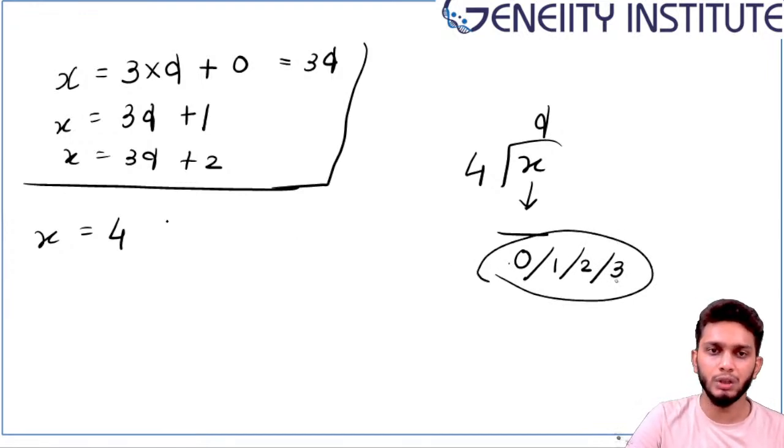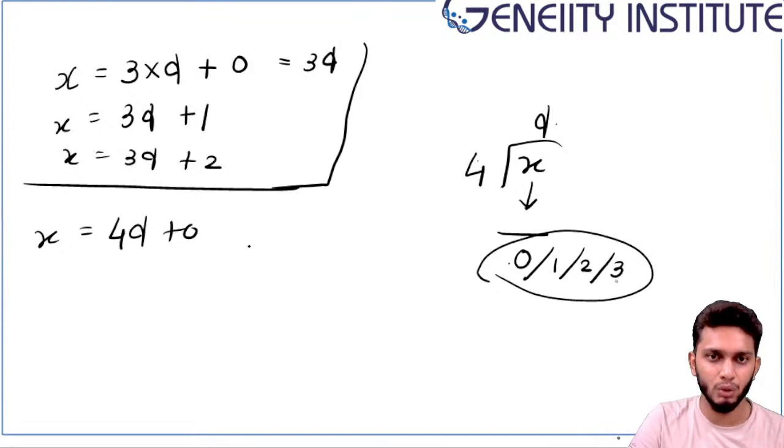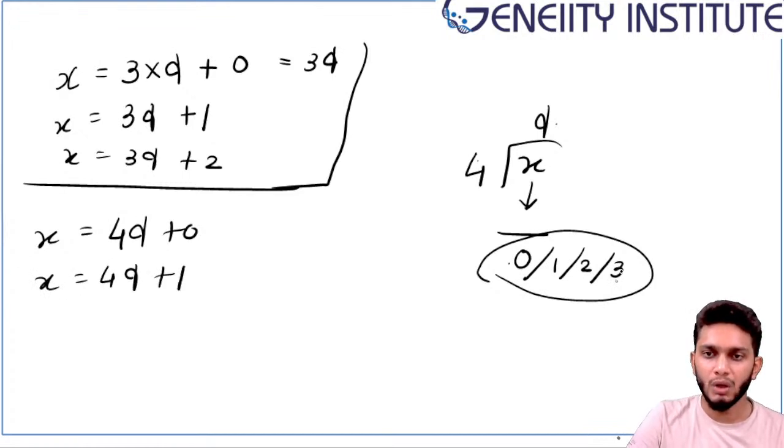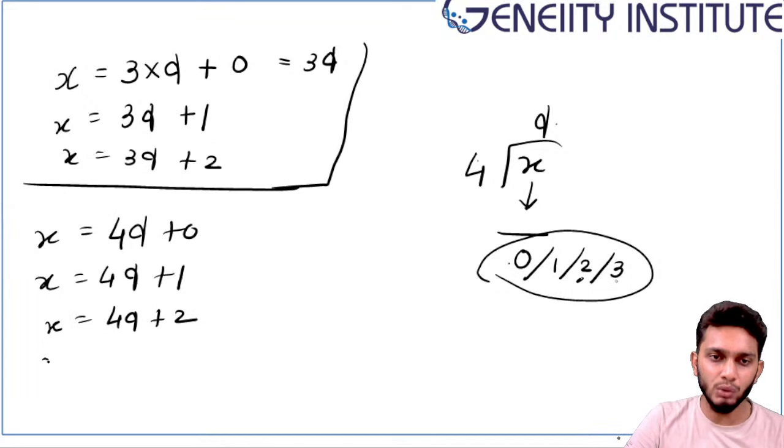So 4 into q plus 0 is the remainder. When you get remainder 0, 4q plus 0. When you get remainder 1, 4q plus 1. When you get remainder 2, x is equal to 4q plus 2. And when you get remainder 3, x is equal to 4q plus 3.